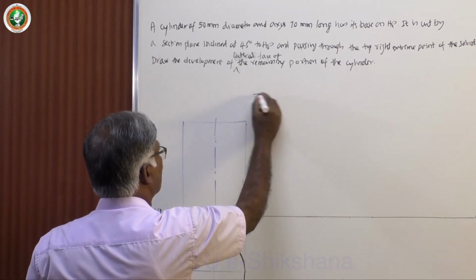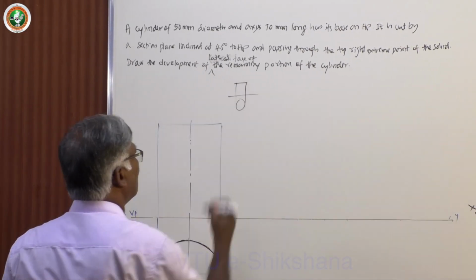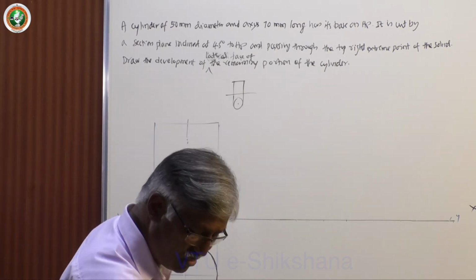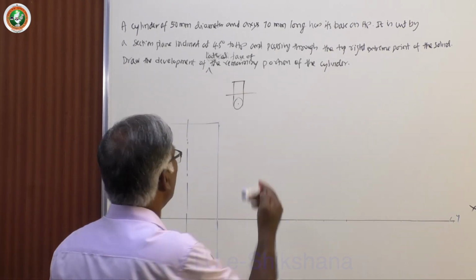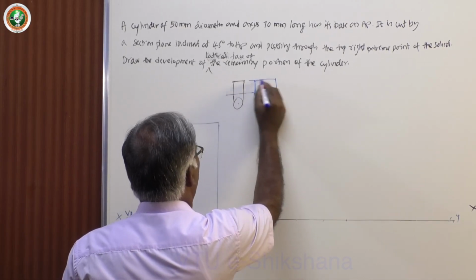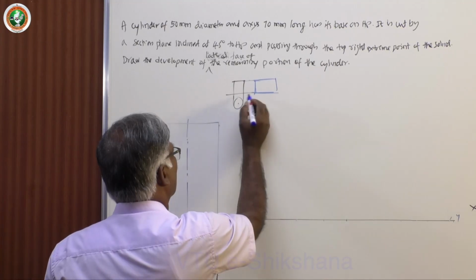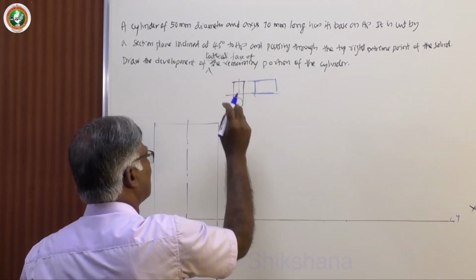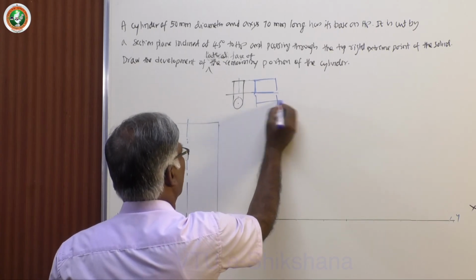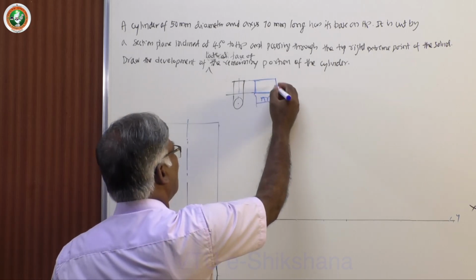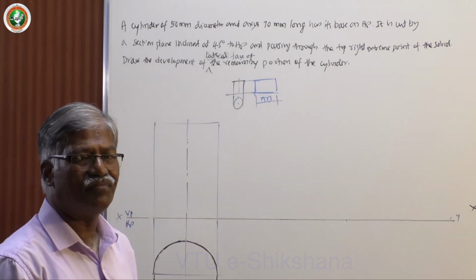Assume that this is the top view and front view of the arrangement. Now, if I want development of the cylinder, I will just keep this one, that's all. Parallel method, take starting point one end, and this is the height and this is the top view. Then this is nothing but pi d or 2 pi r. Then this is the height of the cylinder.